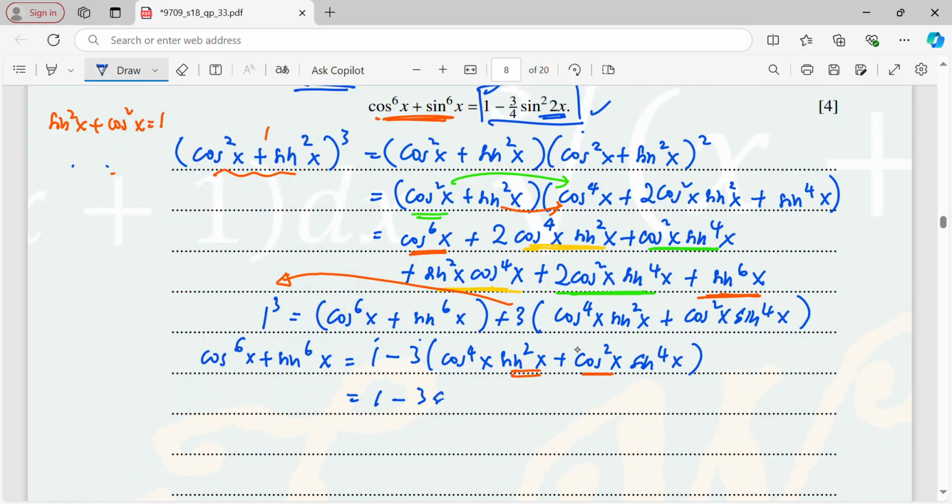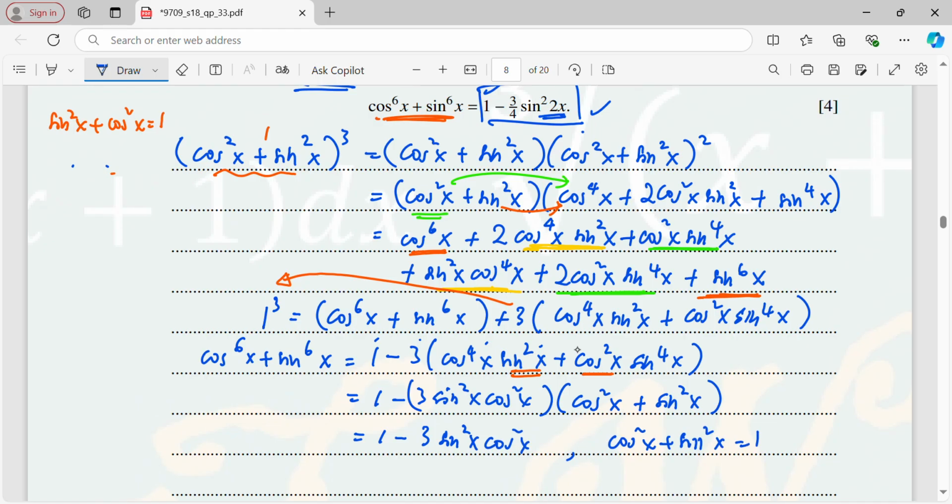So I will write down sine square x, cos square x. After you factorize the sine square x and cos square x, the first term still has cos square x, and the second term still has sine square x. Remember, sine square x plus cos square x is 1. Therefore, this is going to be 1 minus 3 sine square x cos square x, because cos square x plus sine square x equals to 1.